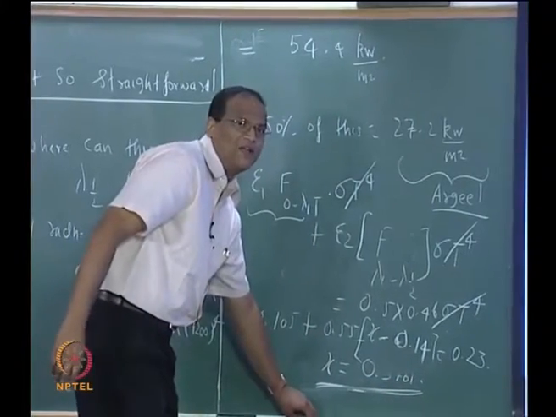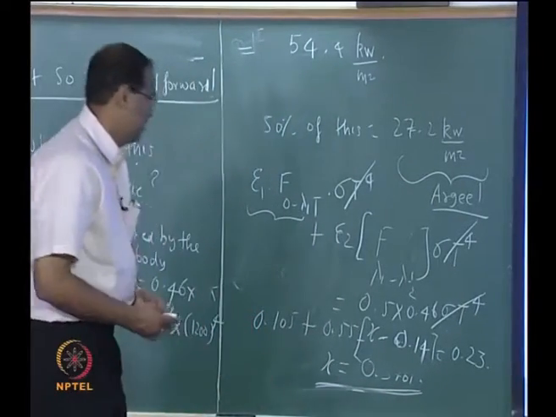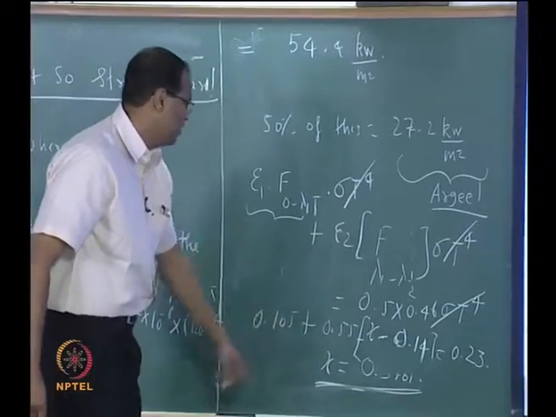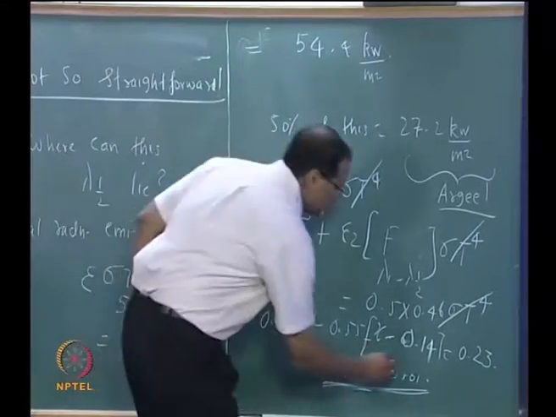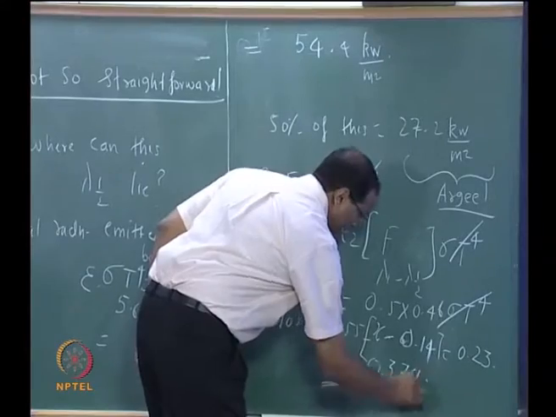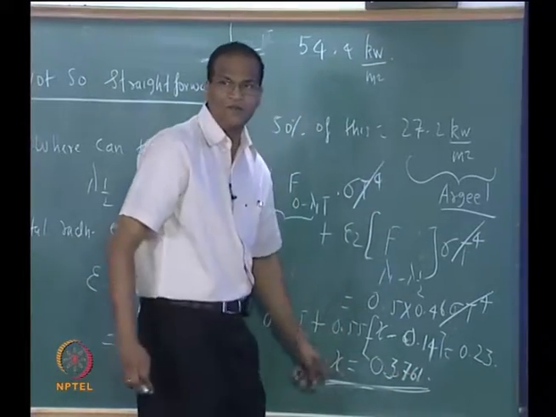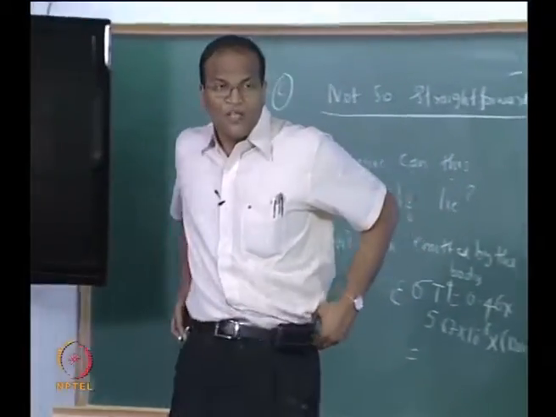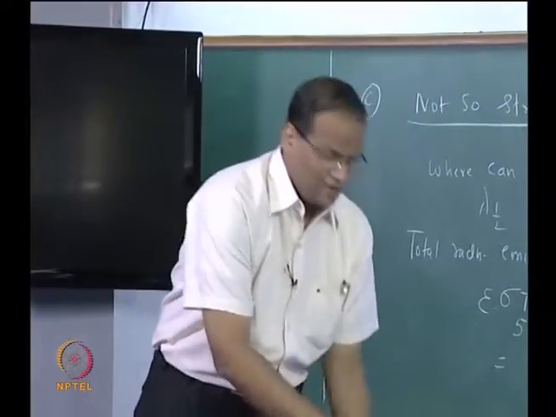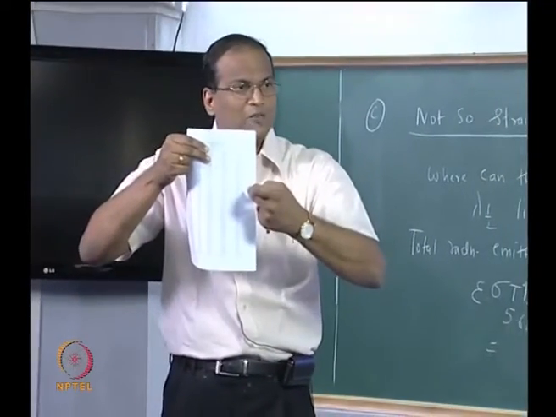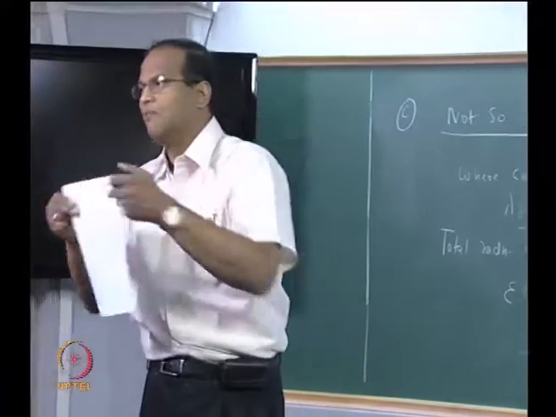Hey Umesh, now is it okay? Let's check 0.2311 divided by, so it should be fine, 0.3761. Is it correct? Yeah. So if you look at 0.3761, go to the F function chart, take the last column corresponding to 0.3761, you back calculate lambda into t.